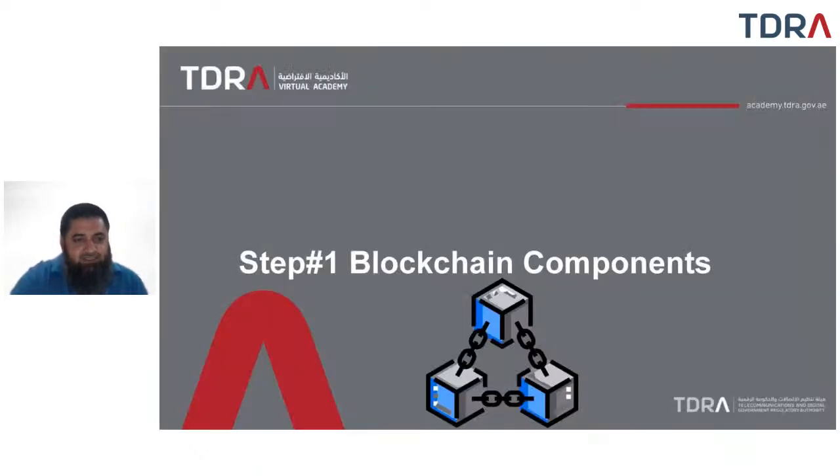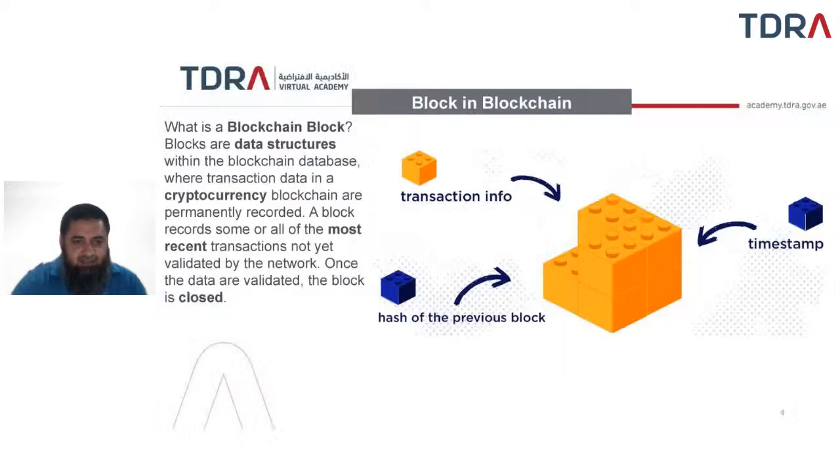What are the components of blockchain? So, blockchain, as its name says, is a combination of blocks. So, what is a block in a blockchain? A block is a combination of three major ingredients.